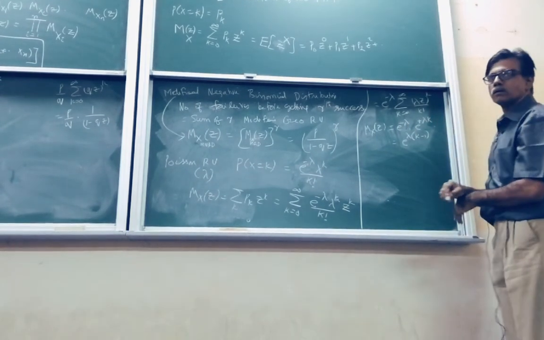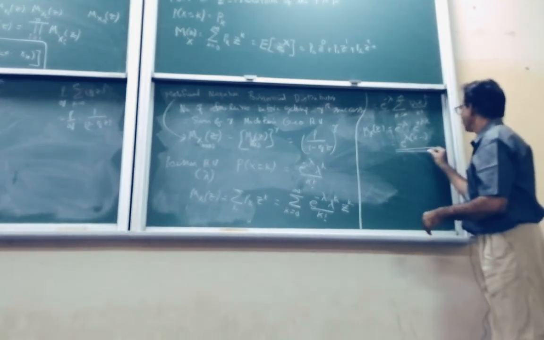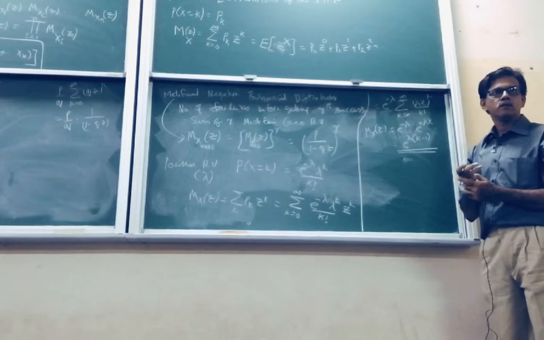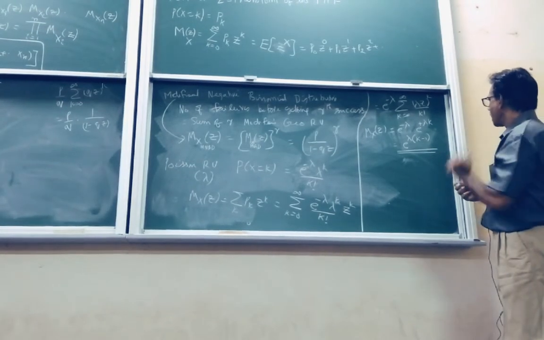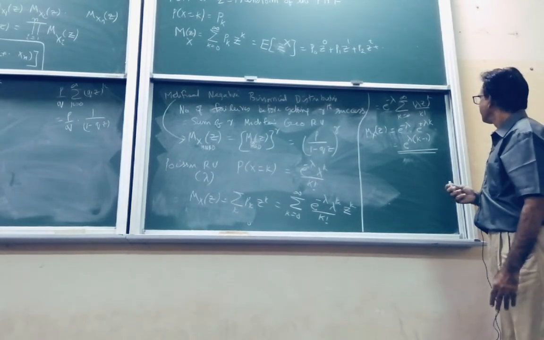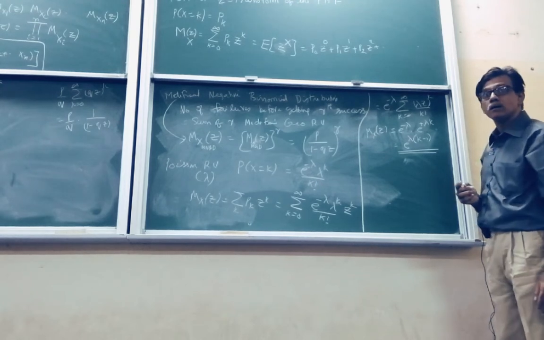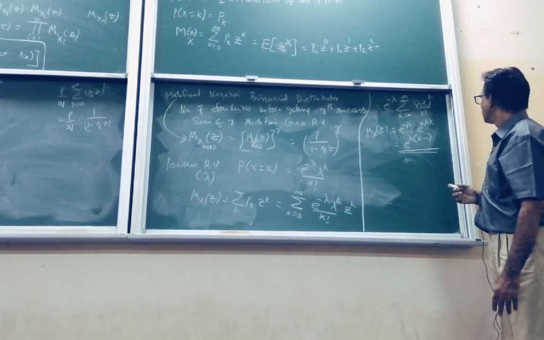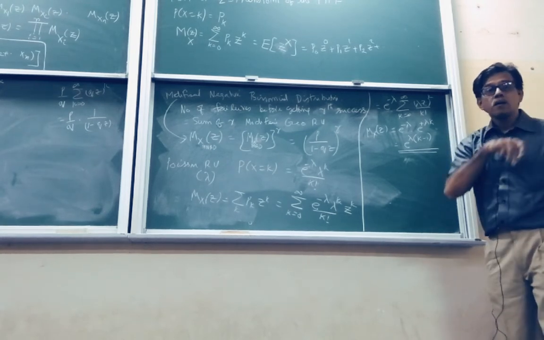So it is e power of minus lambda times the sum of (lambda z) power k by k factorial.